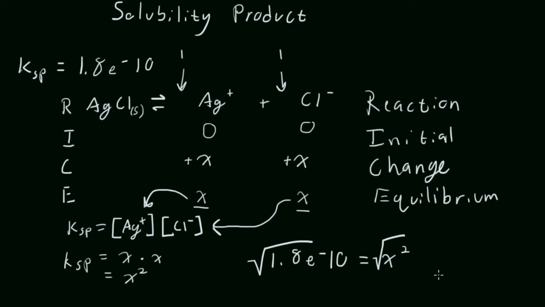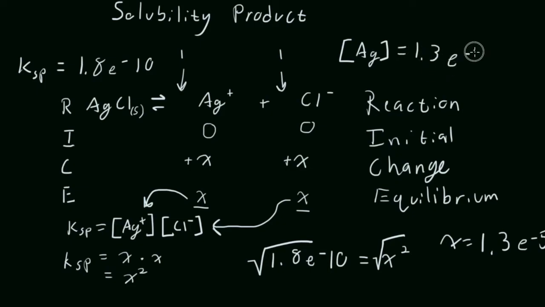So let's do that. And when I do this calculation, I get for x the value of 1.3 E negative 5. And what that means is that my final concentration of silver and chlorine will each be equal, let's just write silver up here, will each be equal to 1.3 E negative 5.